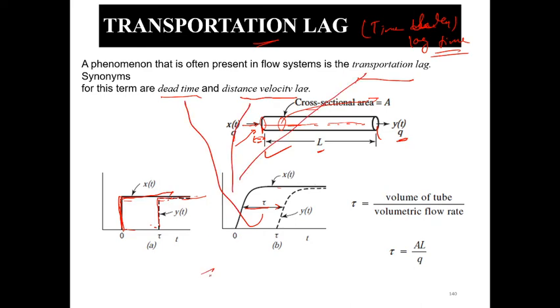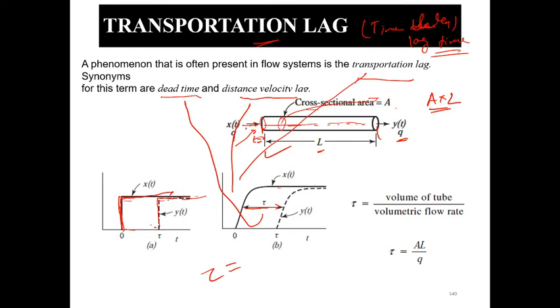Now the question is how this transportation delay is calculated. Let's say we have the volume of the tube. How is the volume of the tube calculated? A into L. And what is the flow rate?